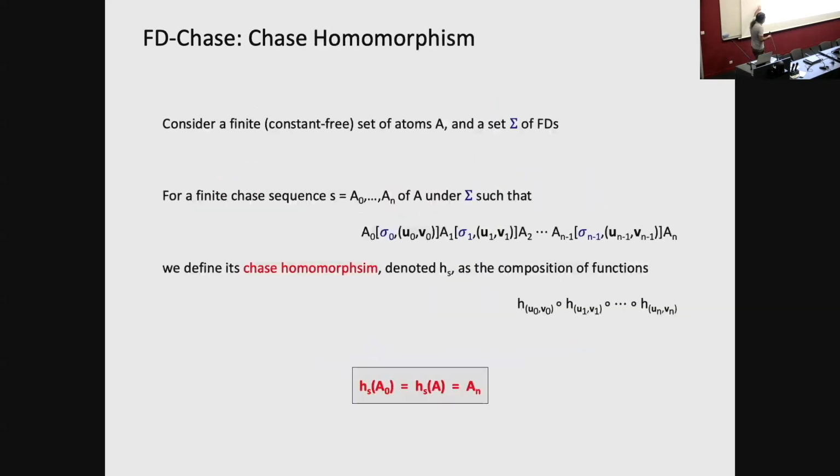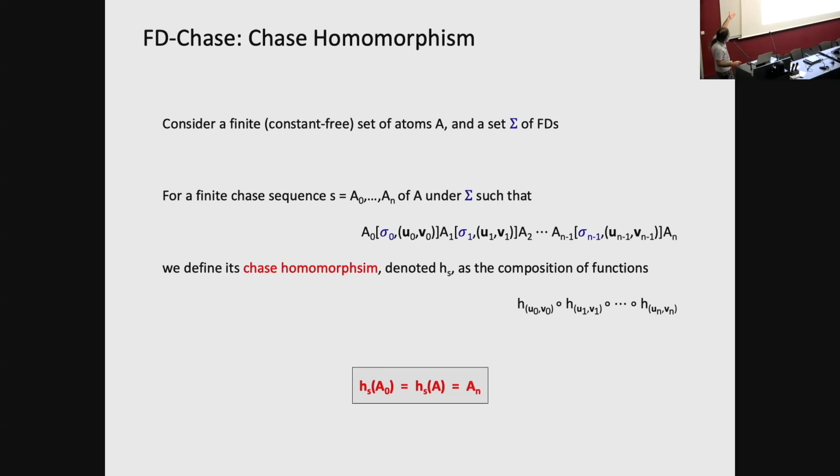And if I just compose all these functions, this will give me what I call the chase homomorphism, which tells us what value a certain variable in the original set has now in the last set. And I guess it's easy to see now that if I apply this chase homomorphism on A0, which is my starting set, what I get as a result will be the last set of atoms in this sequence.